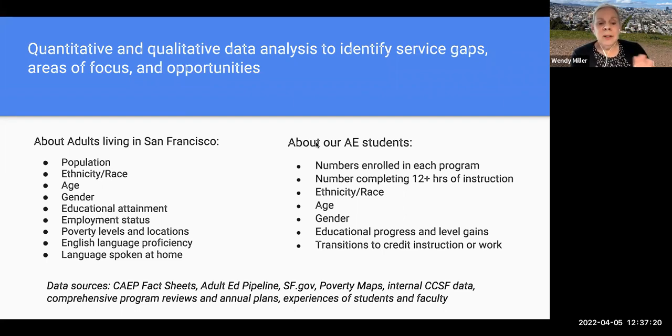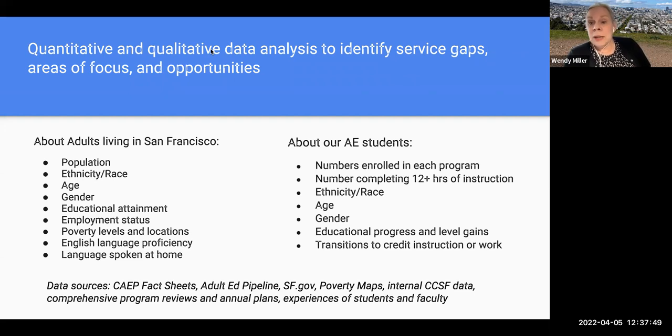And we looked at the data sheets, the pipeline. SF.gov has a profound number of great Tableau visualizations of data about the people who live in the city and county of San Francisco. We looked at the poverty maps. We looked at our internal City College data.